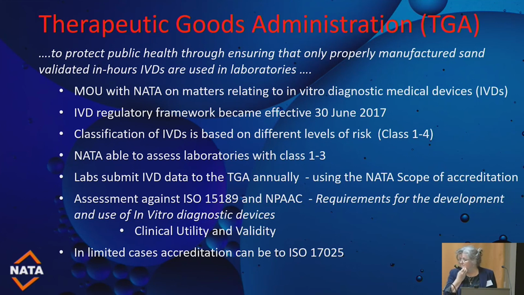So they're actually quite hot topics. And how do they actually display it? And there are limited cases where labs can be assessed under the TGA to 17025, and these are usually like Hendra virus. I think the lab down in Geelong has an accreditation to Hendra, but it's under 17025 because they're actually testing horses, but it can actually have implications.